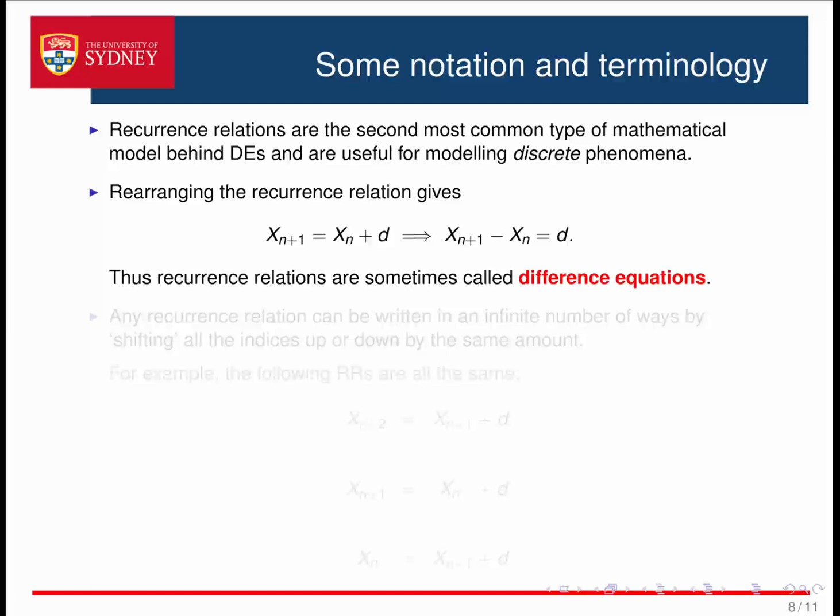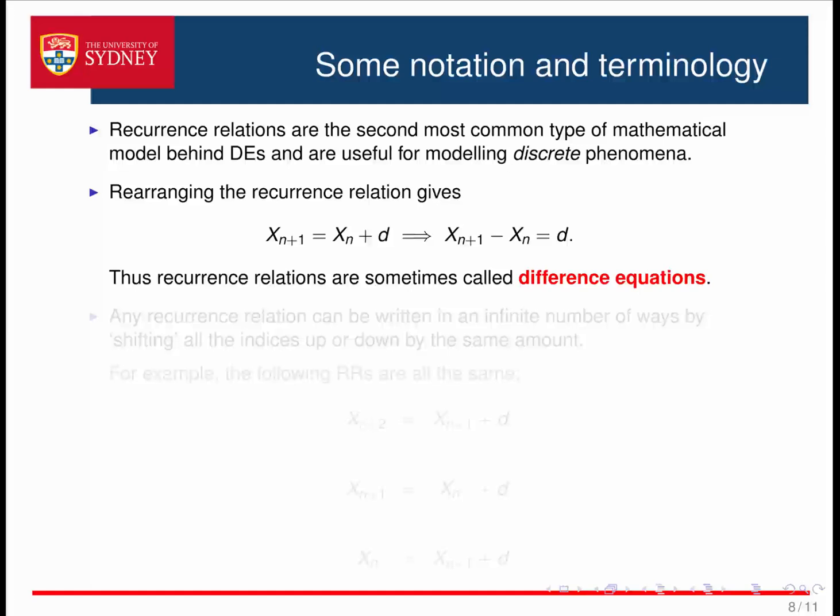Now, we can use the equation on the left specifically to calculate a term from, in this case, the previous term. However, the equation on the right is written to express the difference between two consecutive terms. For this reason, the equation on the left is often referred to as a recurrence relation, and the one on the right can also be referred to as a difference equation.